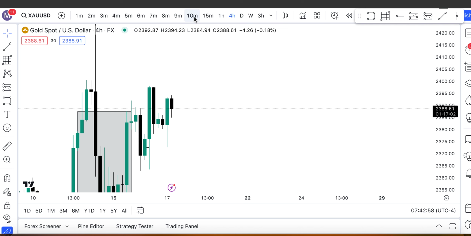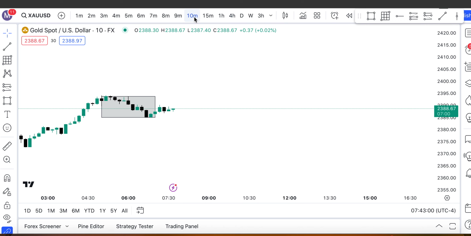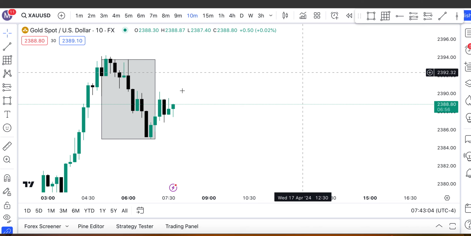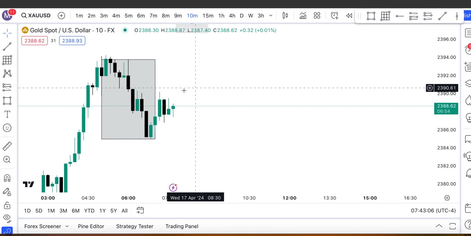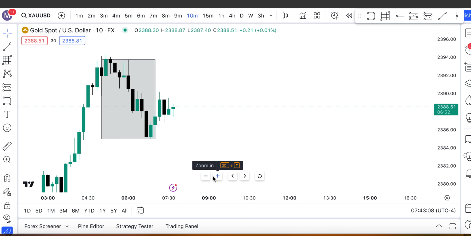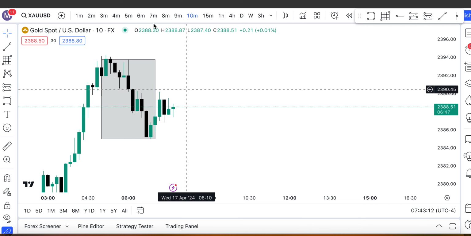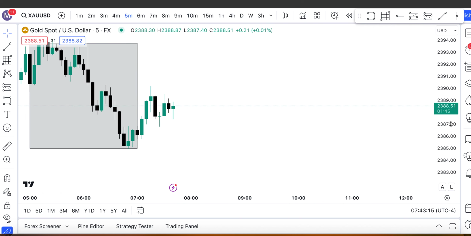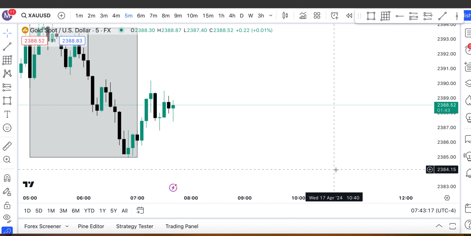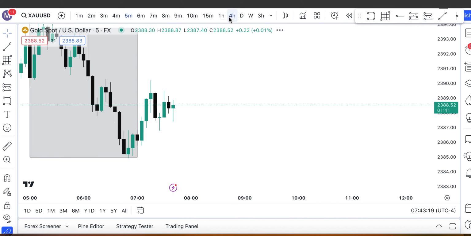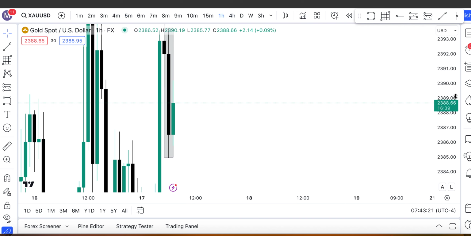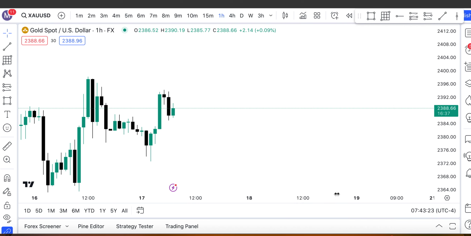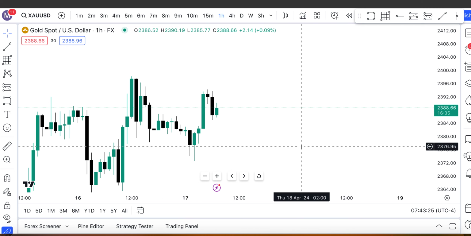If you're on a 10-minute time frame, how long does each candle take to close? 10 minutes. If you're on a 5-minute time frame, how long does each candle take to close? 5 minutes. If you're on a 1 hour, how long does it take? 1 hour. So that's just a quick overview of time frames.